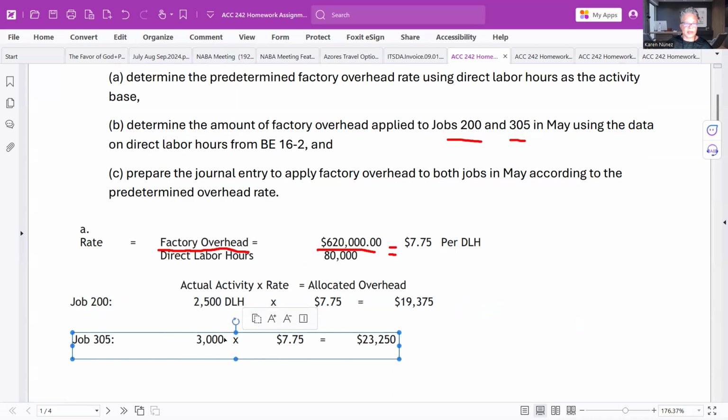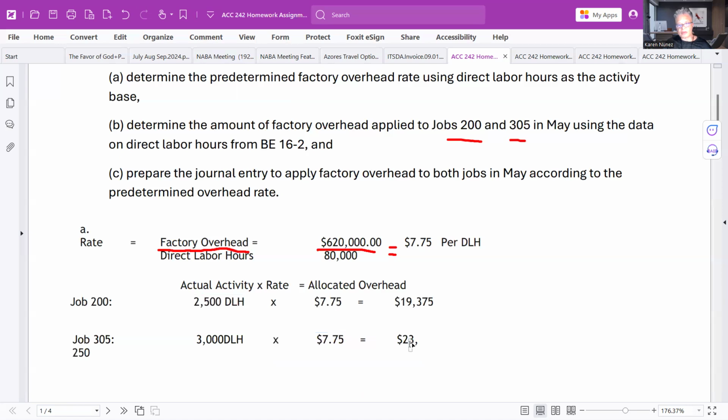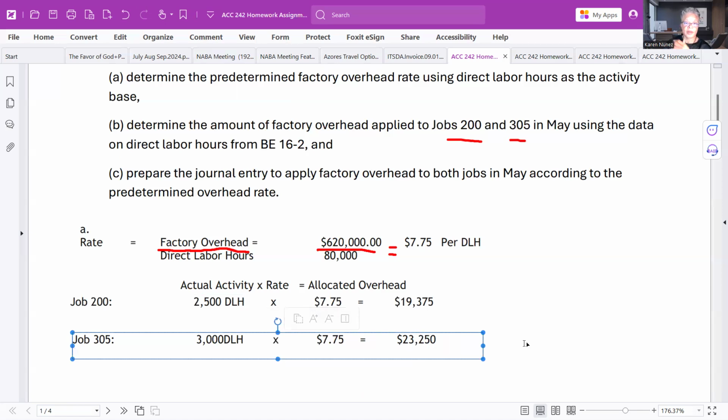We want to allocate that overhead based on $7.75 for each hour that we can trace to that job.